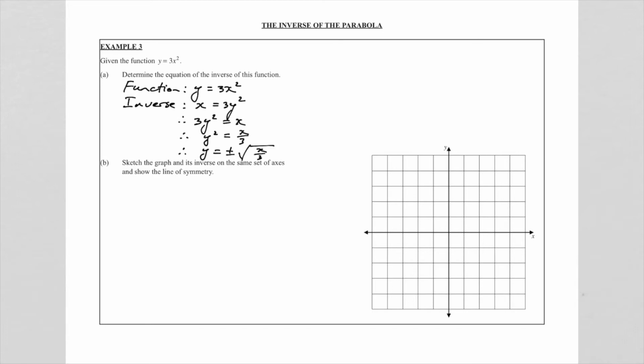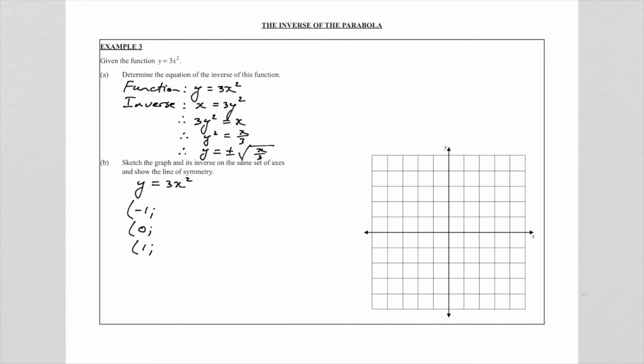We're going to find 3 points on the parabola y equals 3x squared. For the first point, I'm going to start with x as minus 1. Then I'm going to look at x equals 0, and then when x is equal to positive 1. We're going to work out the corresponding y values.